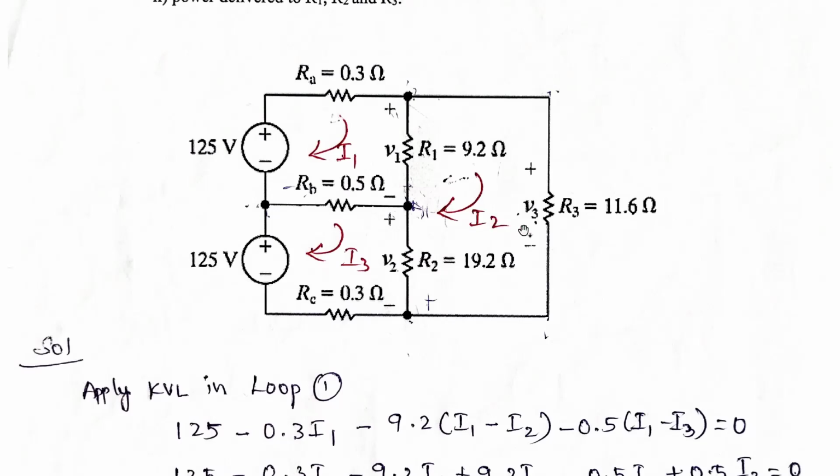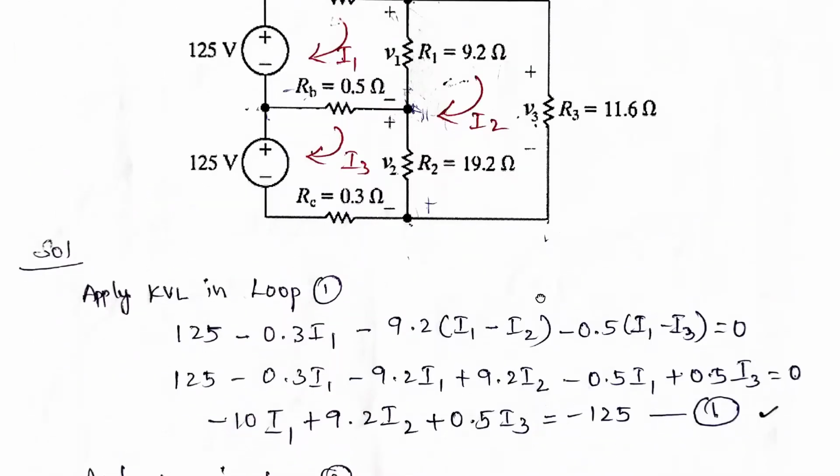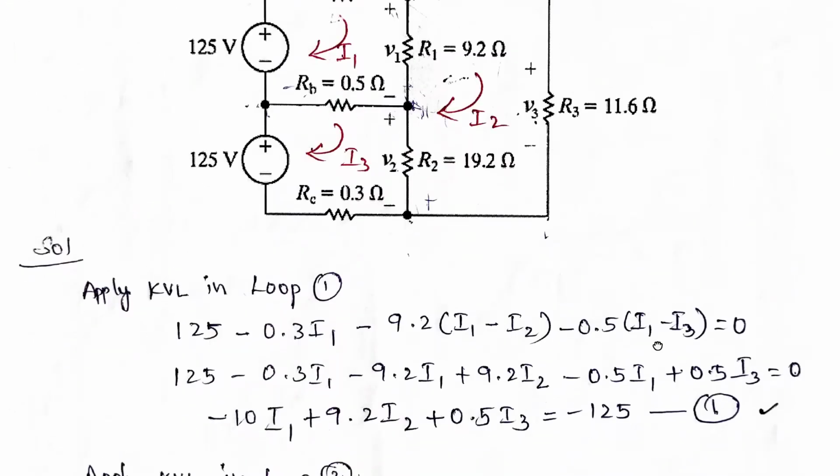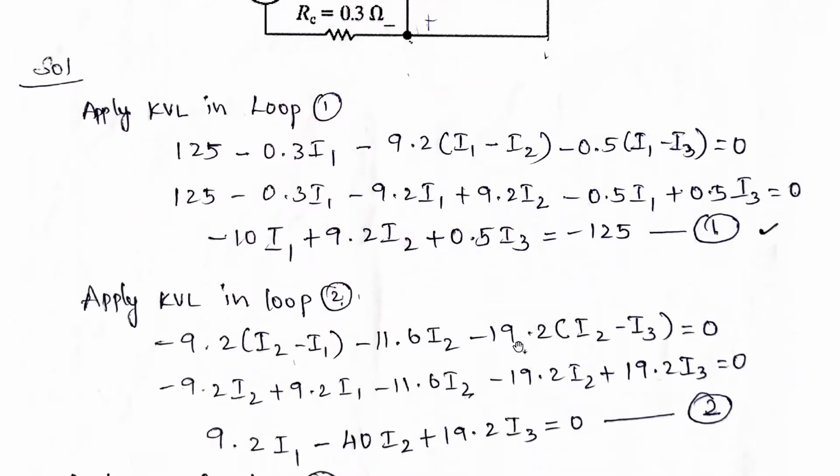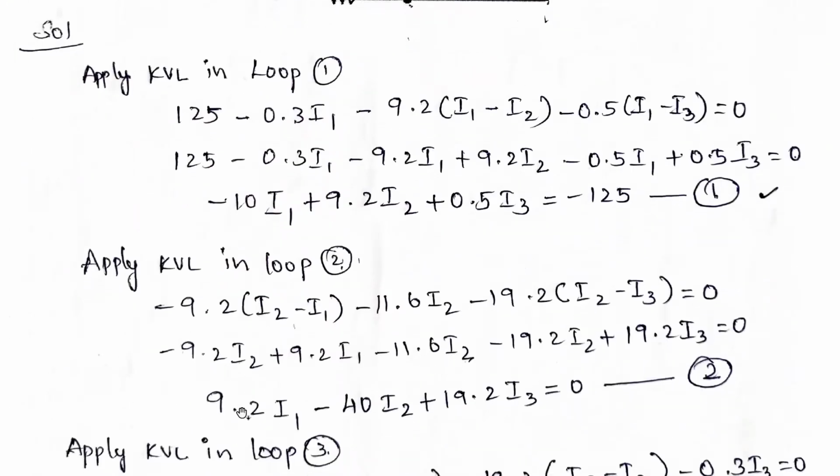Again the current is coming like this, so again it is a drop. Drop is again negative, minus 19.2 into I2 minus I3 is equal to 0. Just simplifying this, we'll get the equation as 9.2 I1 minus 40 I2 plus 19.2 I3 is equal to 0. Take this as equation number 2.